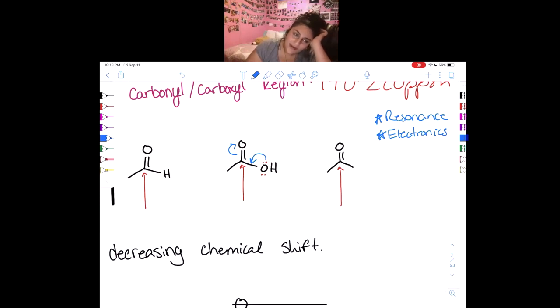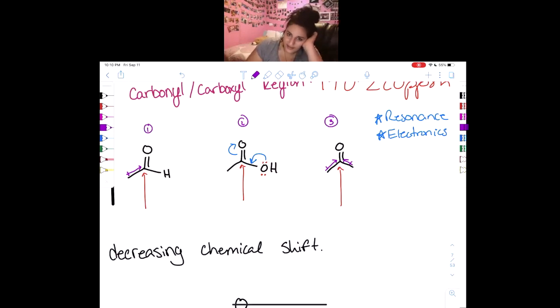Electronics are a little bit harder to understand, but they're not too bad. So electronic effects are basically saying that this CH3 is able to lightly donate some electron density to that carbon. Same thing here. So between the aldehyde, and I'm going to number these 1, 2, and 3.